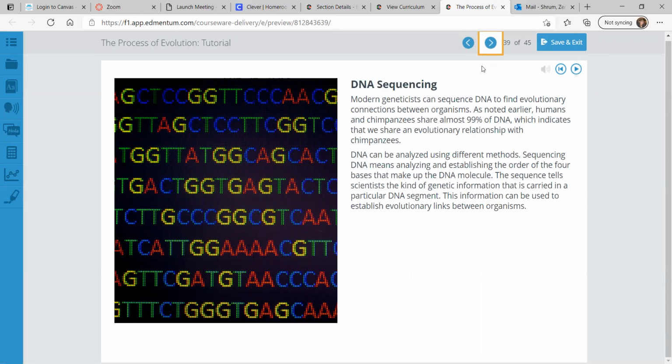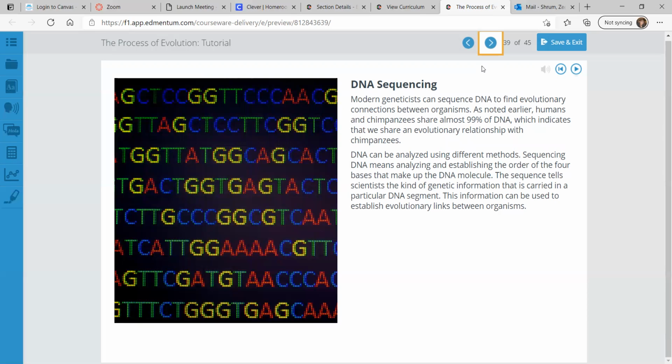DNA sequencing, yeah. The modern geneticists can sequence DNA to find evolutionary connections between organisms. As noted earlier, humans and chimpanzees share almost 99% of DNA, which indicates that we share an evolutionary relationship with chimpanzees.